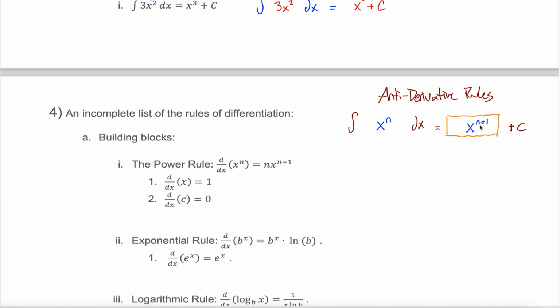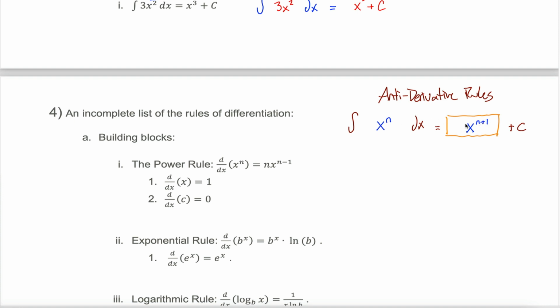Because if we want the antiderivative of x to the n power, we have to think about what we could take the derivative of to make x to the n our answer. If we want x to the n to be our answer, we're going to be using the power rule, and the power rule tells us to subtract 1 from the exponent. So if we start out with x to the n plus 1 and then use the power rule, we subtract 1 from the exponent and end up with x to the n.